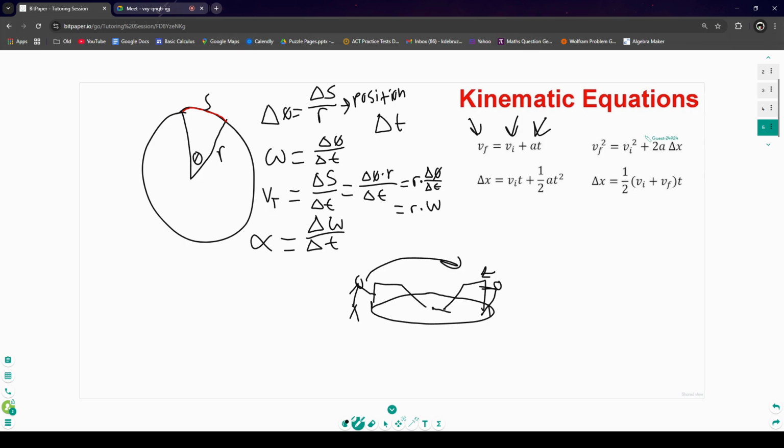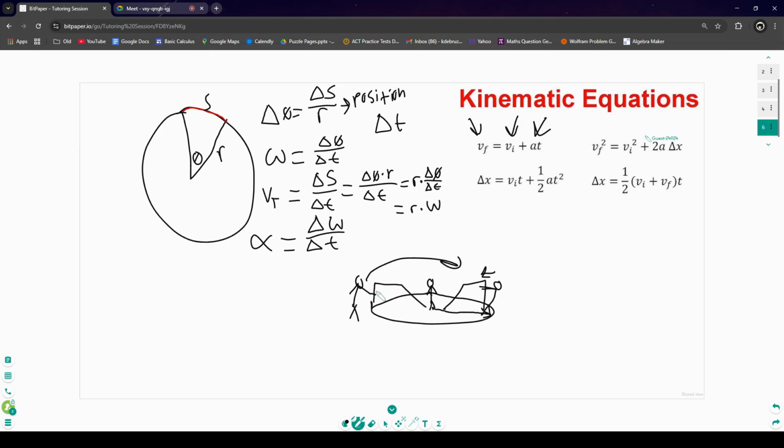The further you are to the edge, the harder it is, right? If you're standing in the middle, you're just chilling. So one component of it is going to be the radius. Because you're farther away from the center of rotation.